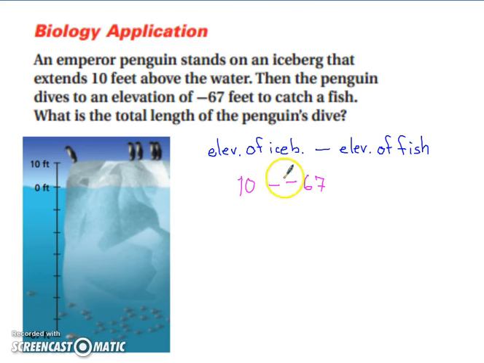So 10 minus negative 67, if we're subtracting, we can change that to an addition problem and switch the sign to the opposite. So we have 10 plus positive 67, which means that the total length of the penguin's dive is 77 feet.